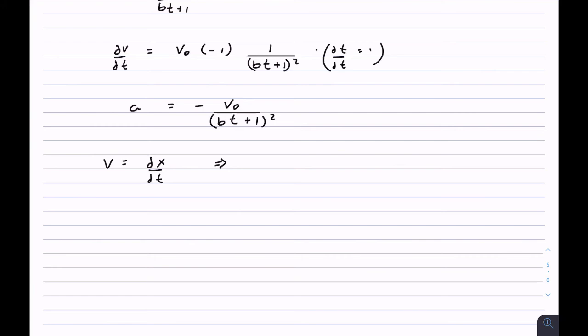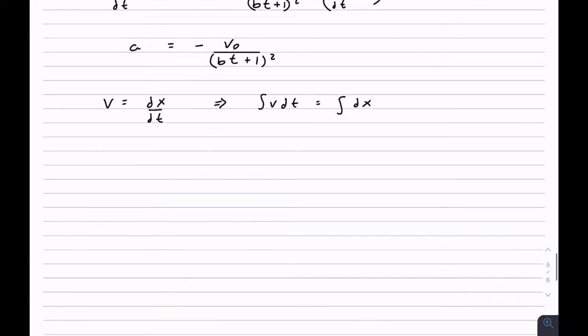So what we need is to integrate v with respect to t. That's going to give us some function of time. I don't need to rewrite it. Let's just move on.